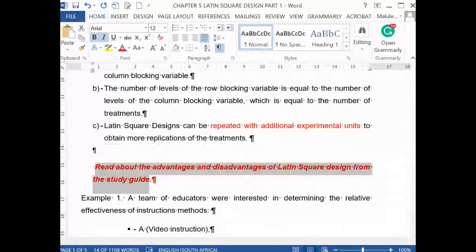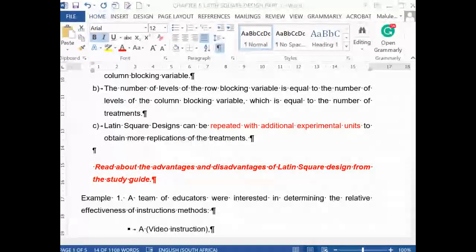Yes, Shogani, what was your question? Okay, my question was under RBD. We did randomized block design, model 1 and model 2, the random and the fixed.